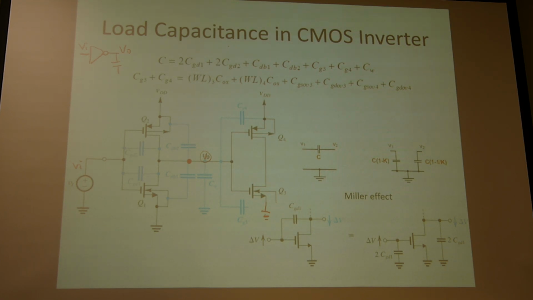Here we are interested in the total load capacitance at this VO node. So we care about what capacitance contributes to this VO node. We can use that as the equivalent capacitance. Here you see all the blue capacitances we show are contributing to this node.